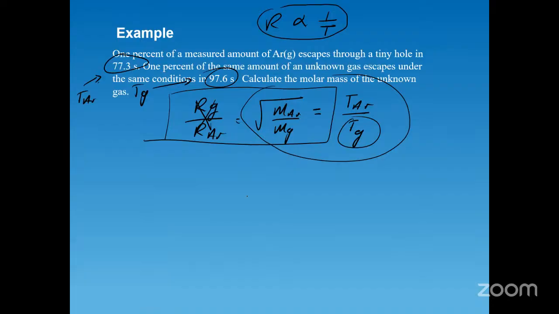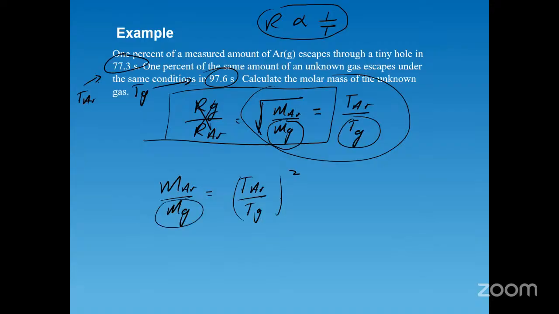So what the question is asking for is this. My question to you is, how would you get rid of the square root sign? Let me see if you remember what you learned in math. You square both sides. So you're going to end up with the molar mass of argon divided by the molar mass of the unknown gas equal to the time of diffusion of argon divided by the time of diffusion of the unknown gas, all squared.